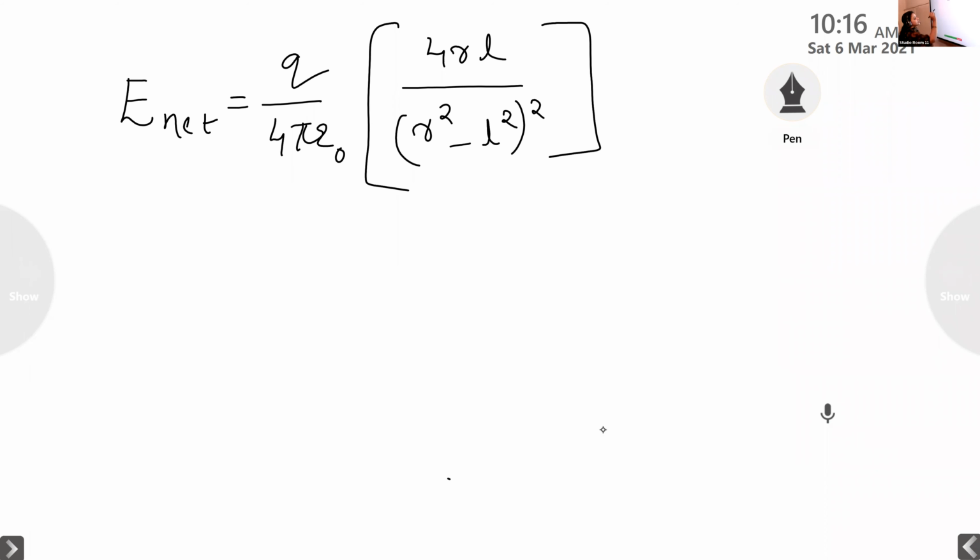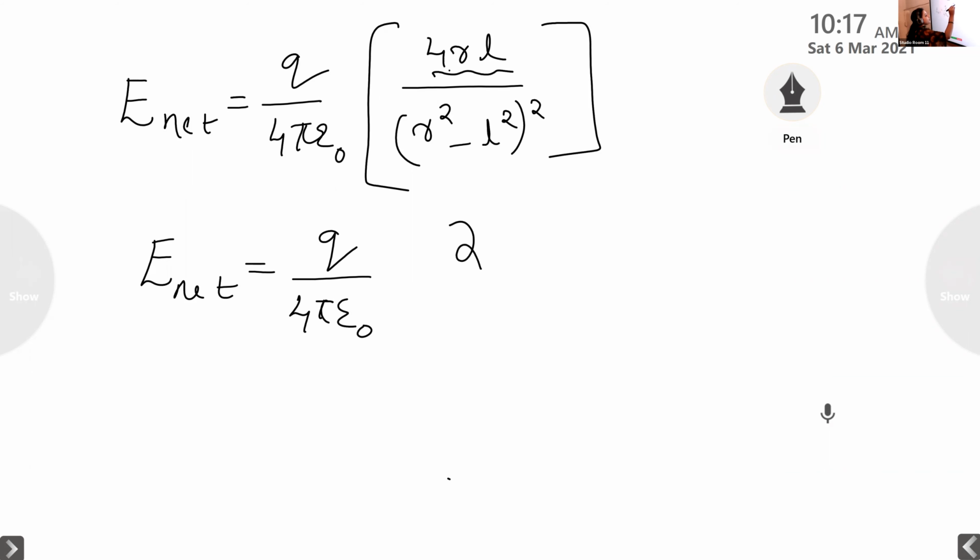Now we can split this 4RL into two terms, that is 2R into 2L. So the net electric field E net is equal to Q by 4 pi epsilon 0 times, inside the bracket, 2R into 2L divided by R square minus L square the whole square.